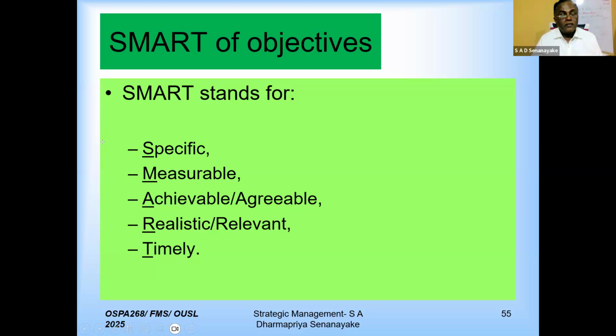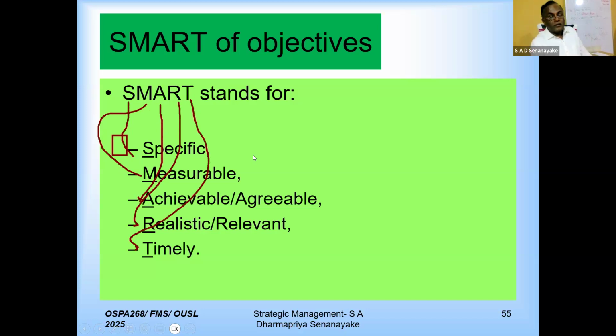S, M, A, R and T. You can see it as a time frame: SMART. Specific, measurable, achievable, realistic, and timely objectives. So what are these properties?